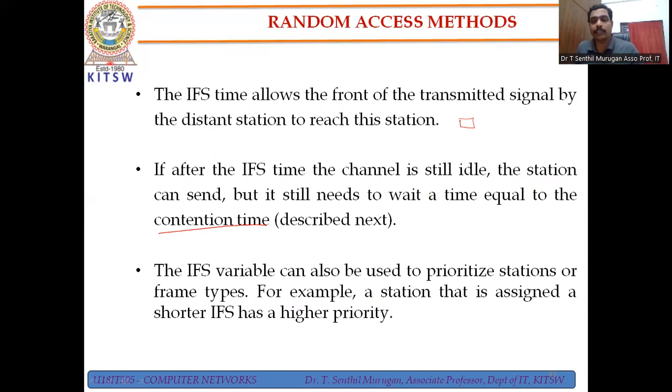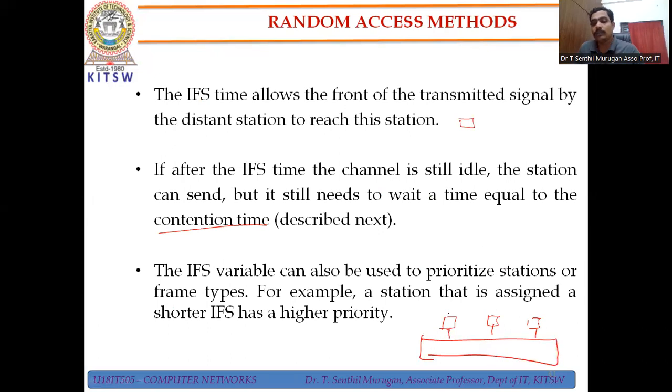The interframe space variable can also be used to prioritize stations or frame types. For example, a station that is assigned a shorter IFS has the highest priority. So what is the interframe time? It is some random waiting time. Station 1, station 2, station 3 are connected with the common medium.